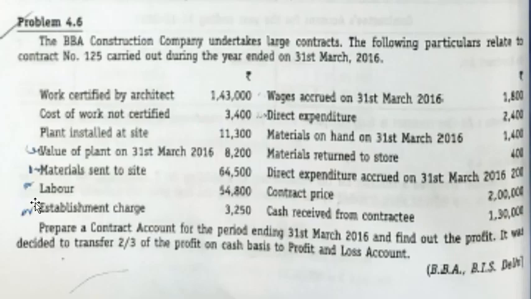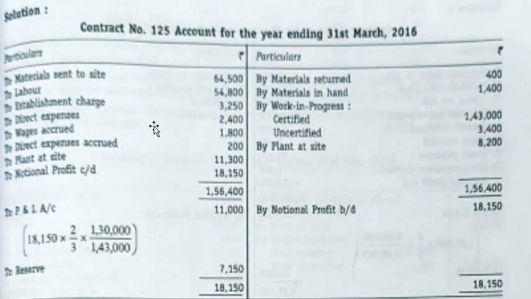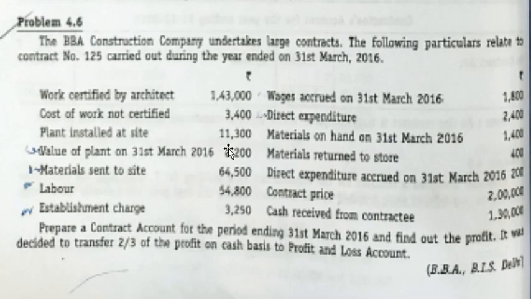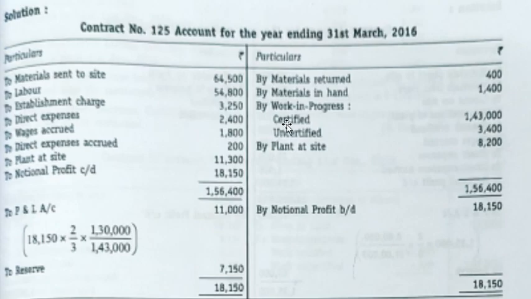Next, direct expenditure accrued on 31st March, which is 200, is also taken. Then plant installed at site, which is 11,300, which has come into the working place, so to plant at site 11,300.